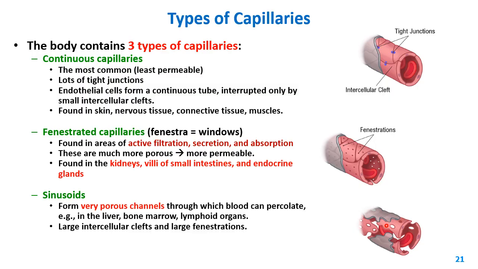So what you have here, you have big windows, but then the windows are not enough, so you just bring most of the wall down, and you call those big holes sinuses, right? So you have big windows, you have big sinuses, and you call those capillaries sinusoids, okay?